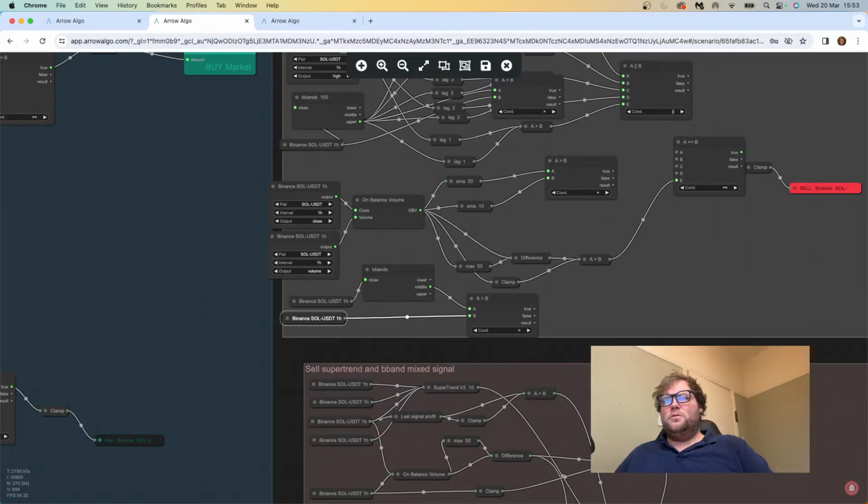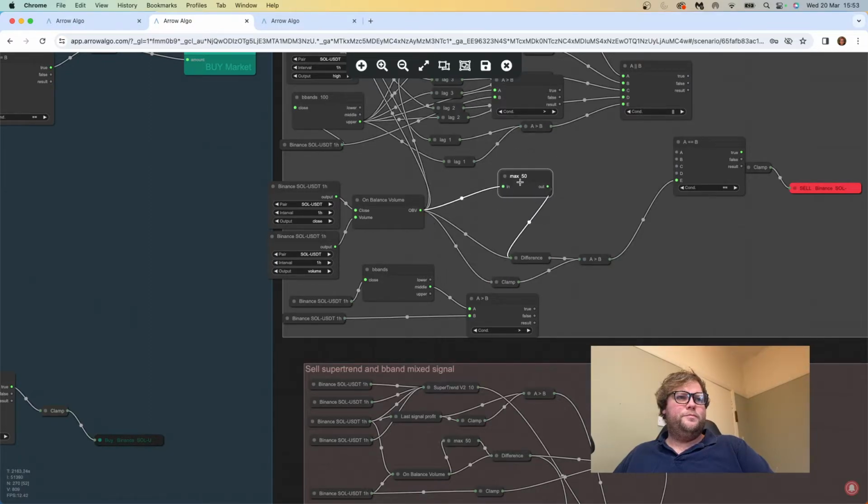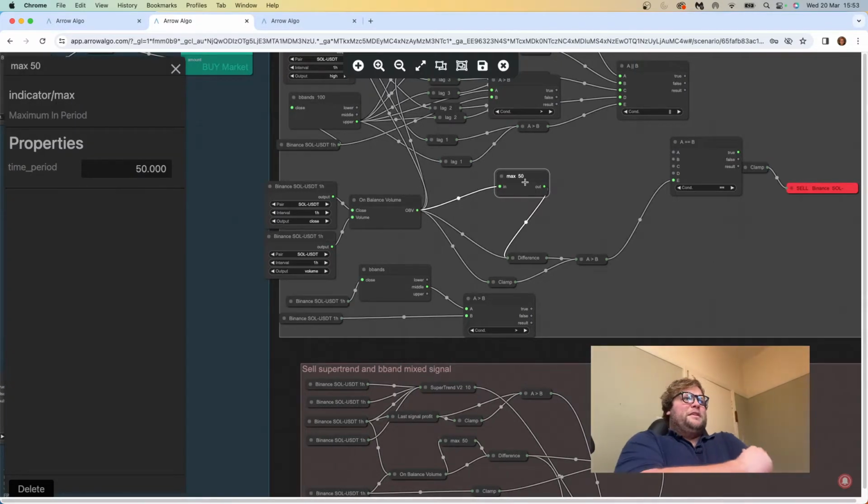And the very last rule, we're looking at OBV again, and we've got a maximum period block here. So let's move some of these out of the way. This maximum period will look at the OBV for the last 50 periods, because we're feeding in the OBV value into here.